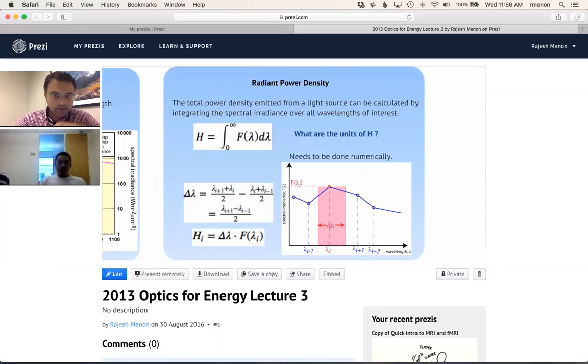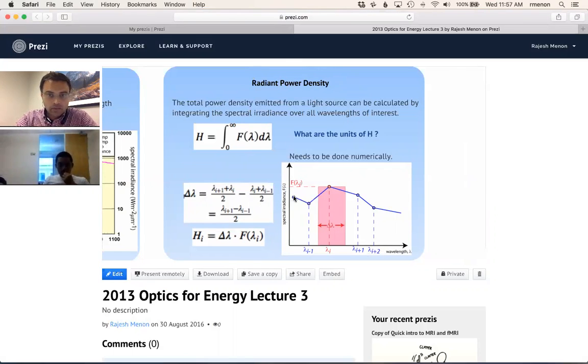Right, because F of lambda is watts per meter squared per micron, or per wavelength, and you multiply it by the wavelength, so this becomes watts per meter squared. So radiant power density, as you expect, is watts per meter squared. And that's exactly what you expect, right? It's power density, power per unit area.